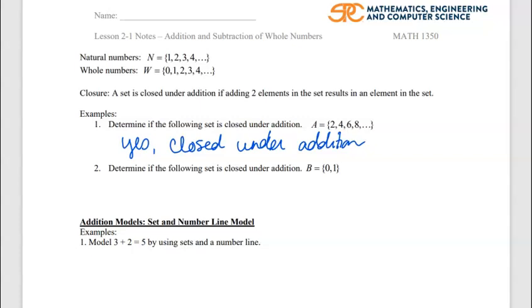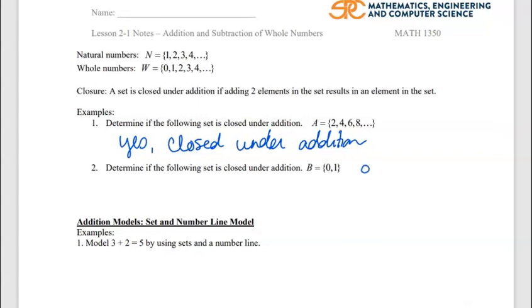We're going to do the same thing on number 2. So if I add 0, and you also can add the element to itself. So if I add, for example, 0 plus 0, I get 0. 0 plus 1 would be 1. But then I also have to consider 1 plus 1, which is 2.